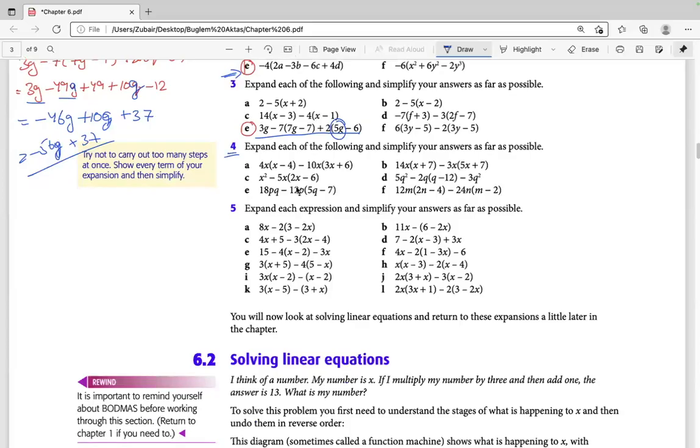Okay, question number 4 says expand each of the following and simplify your answers as far as possible. Let's try F part. Mistake again.